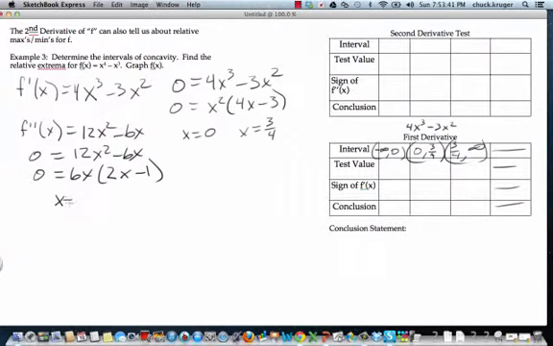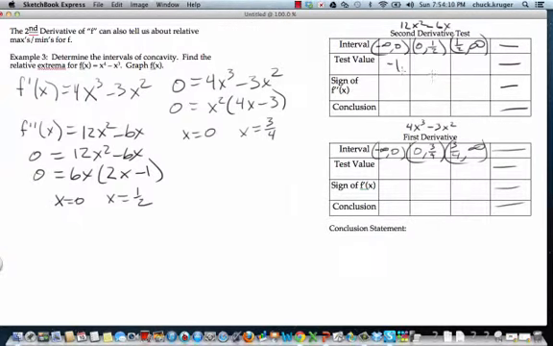And again, x equals 0 and x equals 1/2, and so those must mean something. Again, I think I have way too many columns, so I have negative infinity to 0, 0 to 1/2, 1/2 to infinity. And again, I'm going to put 12x squared minus 6x on top.